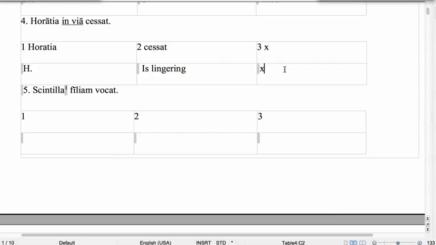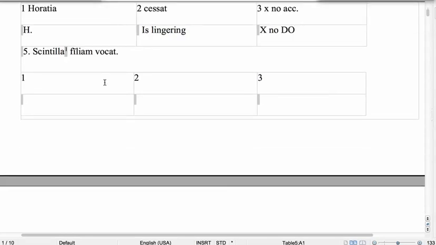There's no direct object, no accusative. Okay. In via just fits in wherever you need it in English. You can say in the street, comma, Horatia lingers, or you could say Horatia lingers in the street. Doesn't make any difference.